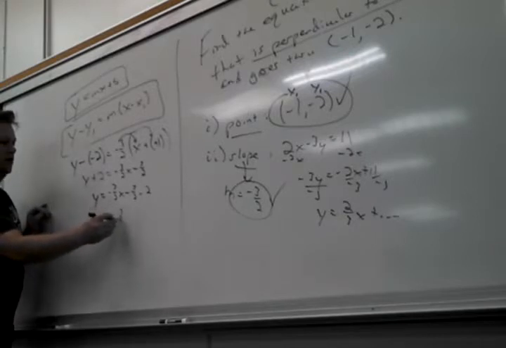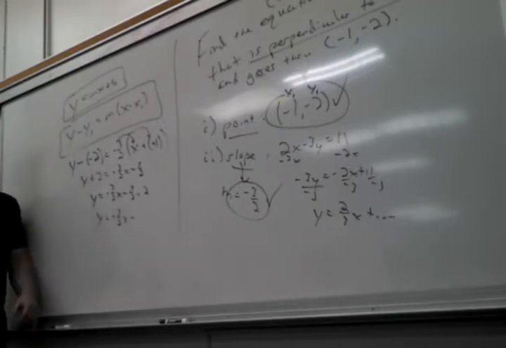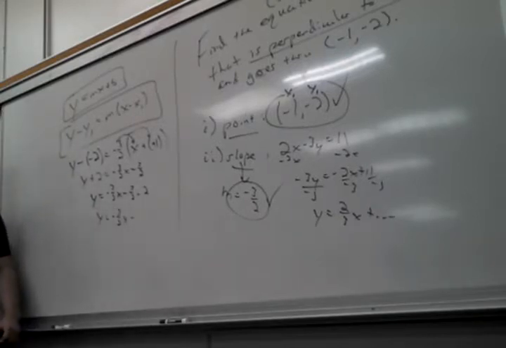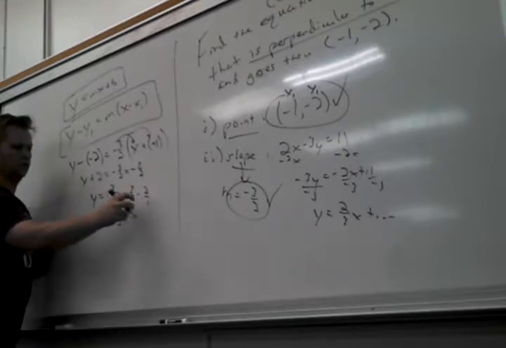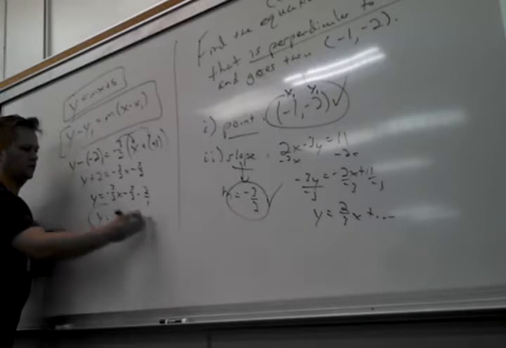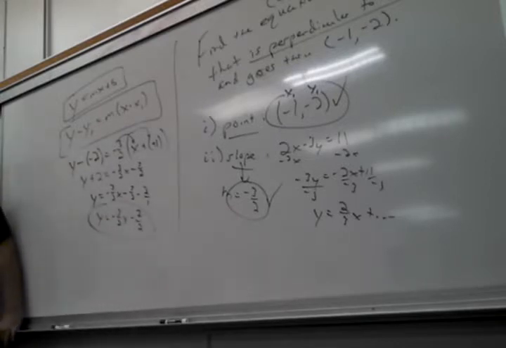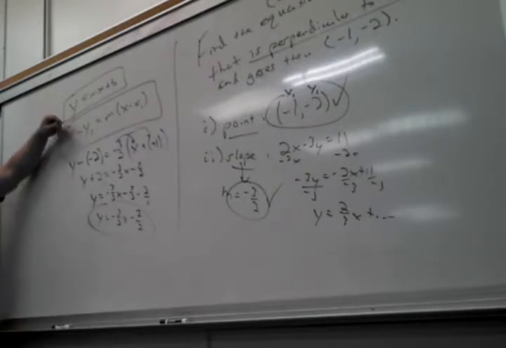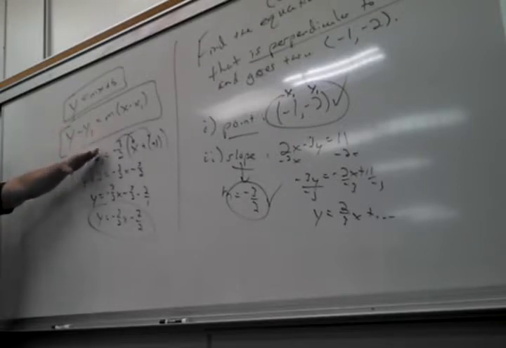Y equals -3/2 x minus, good, 7/2, because this would be 4/2, so it'll be 7/2. You're going too quick. These things happen. But this is plug and chug and then simplify.